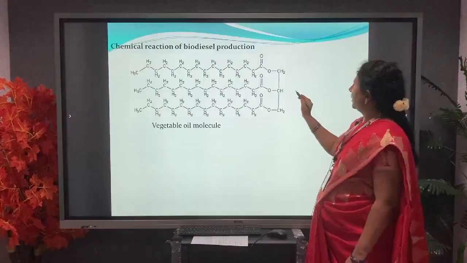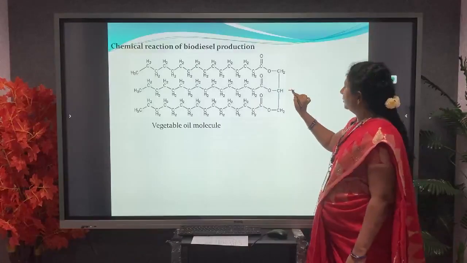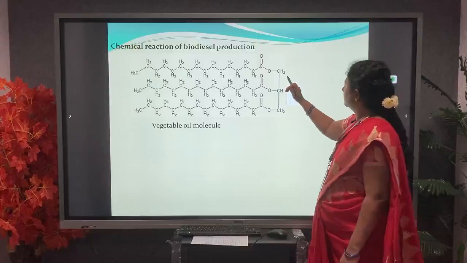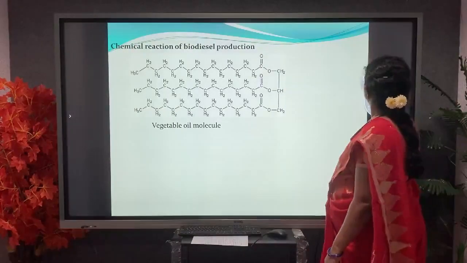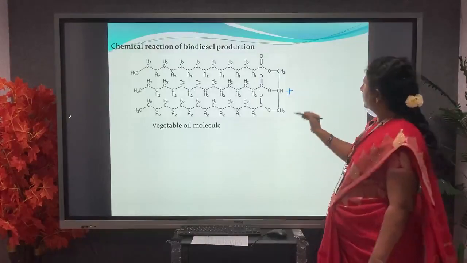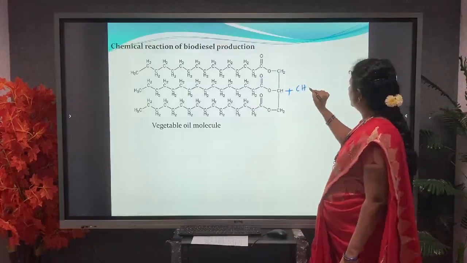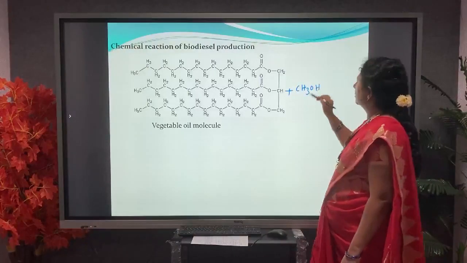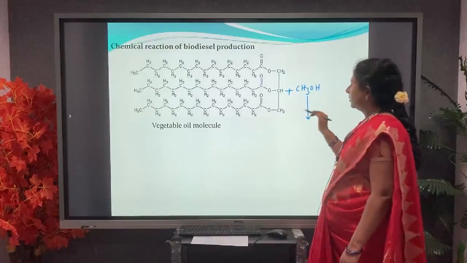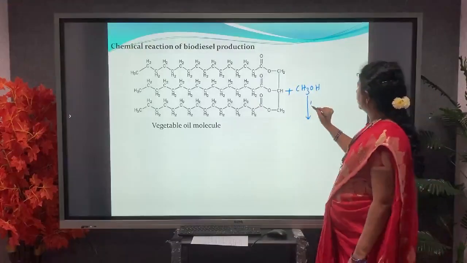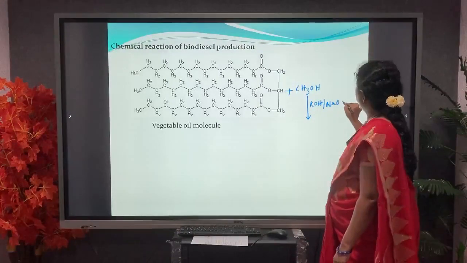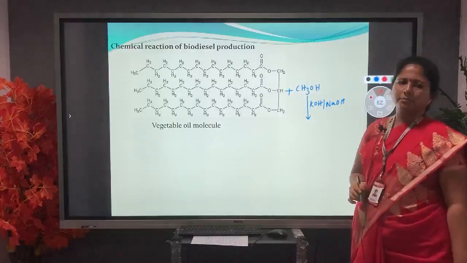There in the reaction tank we take waste vegetable oil, and along with that we add methanol, in presence of catalyst potassium hydroxide or sodium hydroxide.